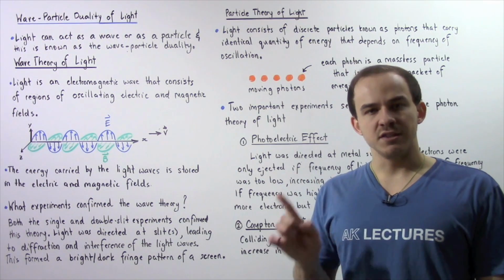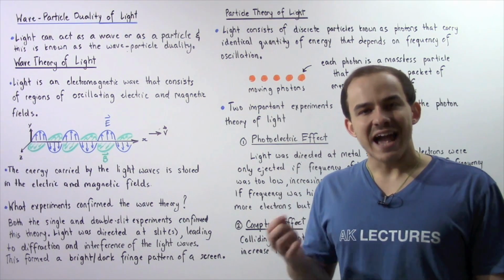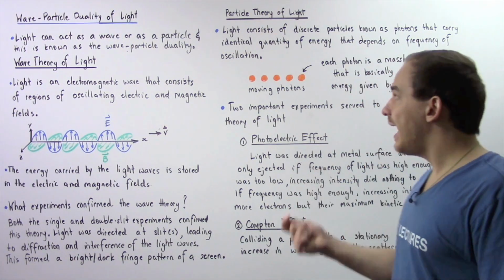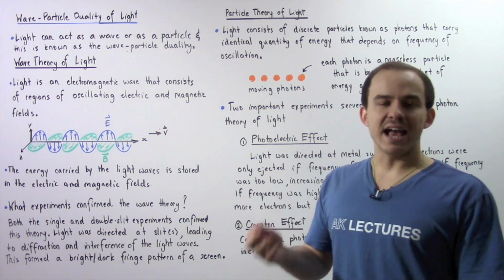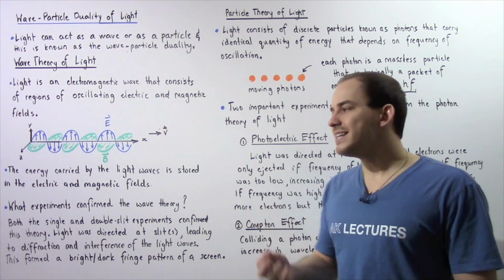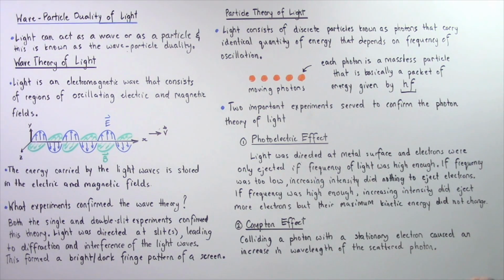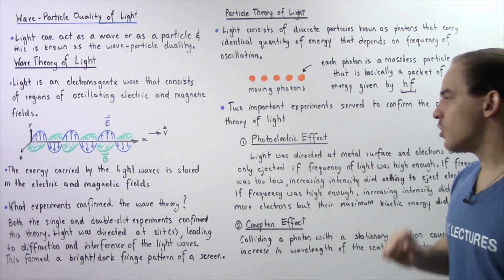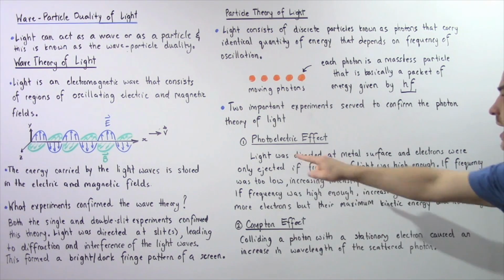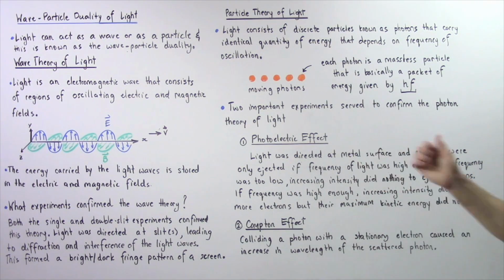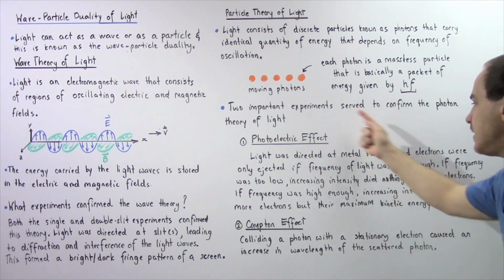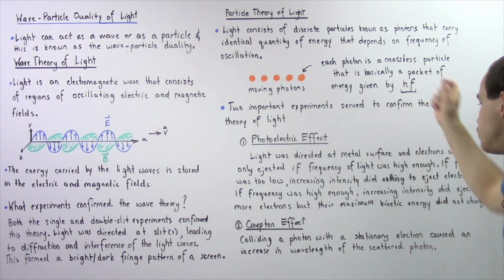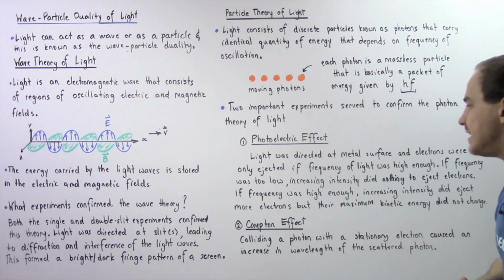However, by increasing the intensity, we do not actually increase the energy that each photon carries, and so the kinetic energy of the electrons did not actually increase. So once again, within the photoelectric effect experiment, light was directed at a metal surface, and electrons were only ejected if the frequency of light and the energy of light was high enough.